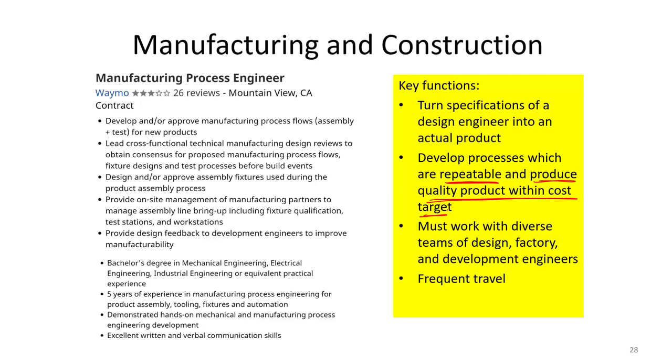And so manufacturing engineers work with diverse teams, and they can go to different countries to do travel, to meet with suppliers and factory partners. And they also work closely with development engineers in order to make the product mass produced.